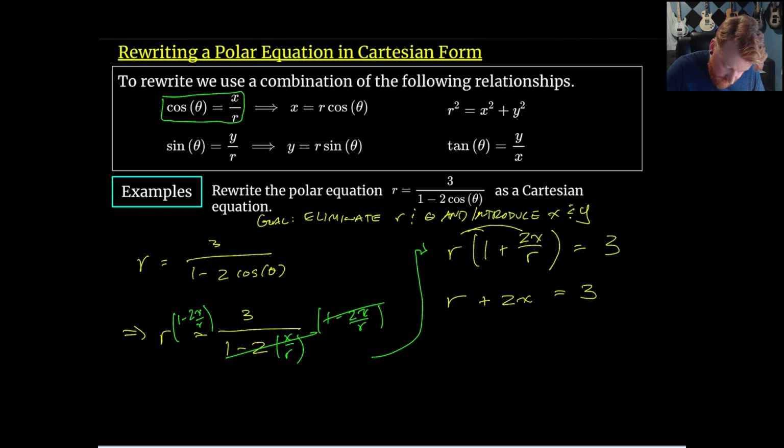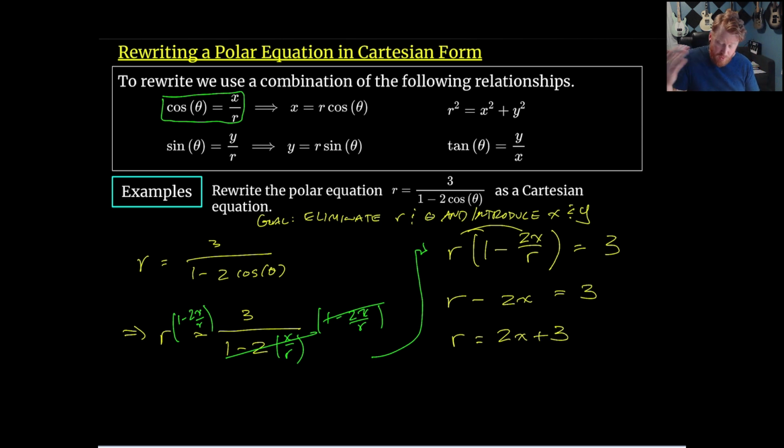Oh, that should have been a minus. Just a typo there. It was supposed to be minus the whole time. Now we'll add 2x to both sides, and I'll get that r is equal to 2x plus 3.